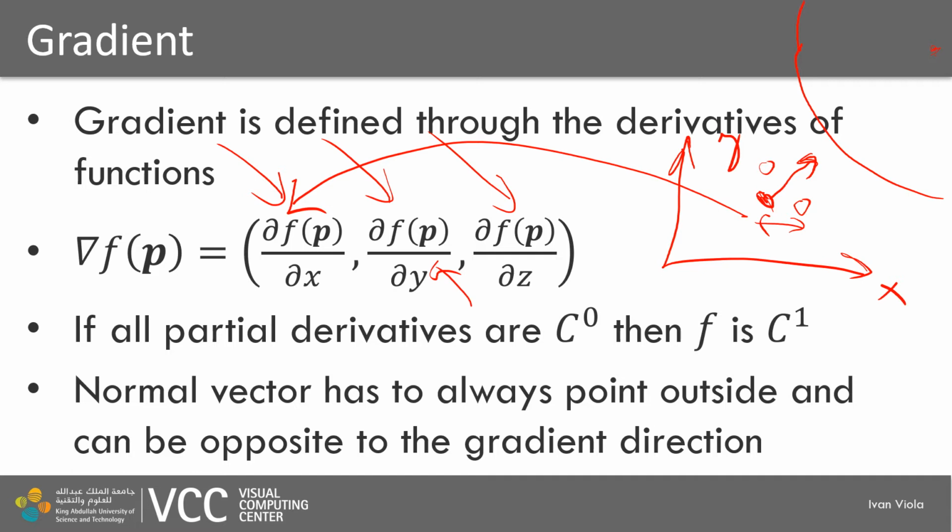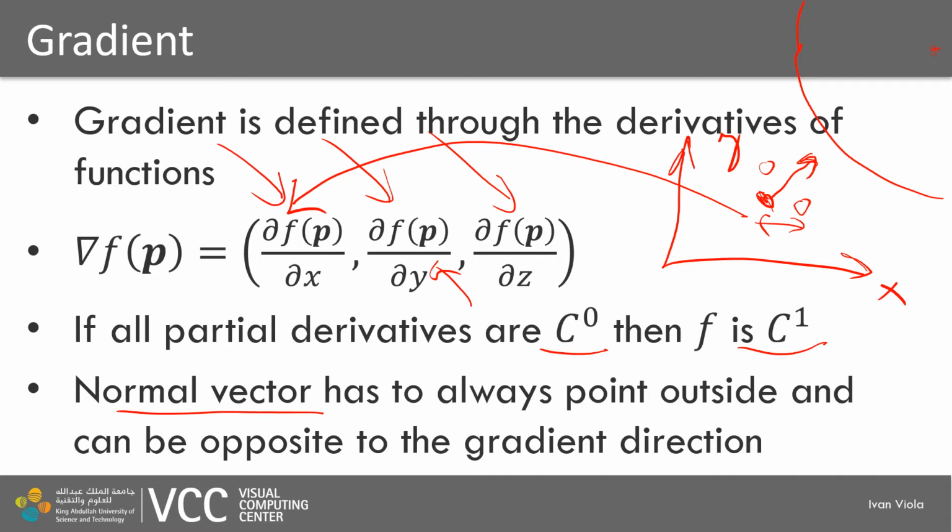If we are defining the partial derivatives and they are all C0 continuous, then the function itself will be C1 continuous. And the great benefit of having the gradient is that it can be used as the normal vector at the particular surface position, which means that we can define the illumination at that surface position through this gradient evaluation.